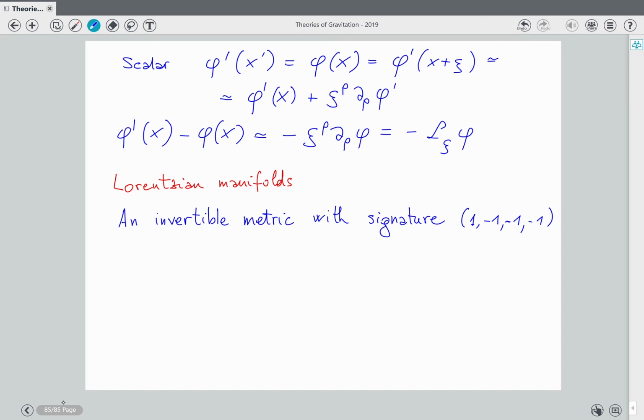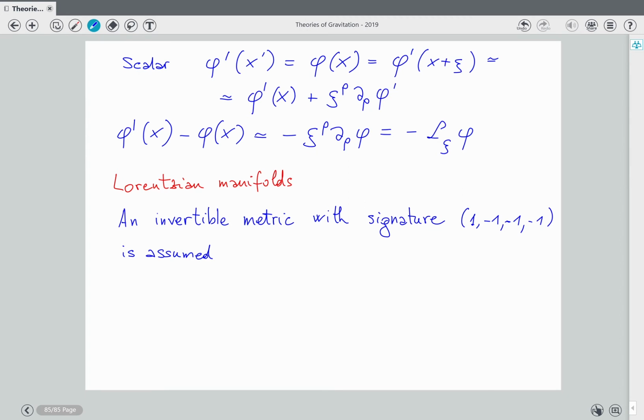So the existence of such an object is assumed. Again, this is a cross-section of the symmetric product of two cotangent bundles.